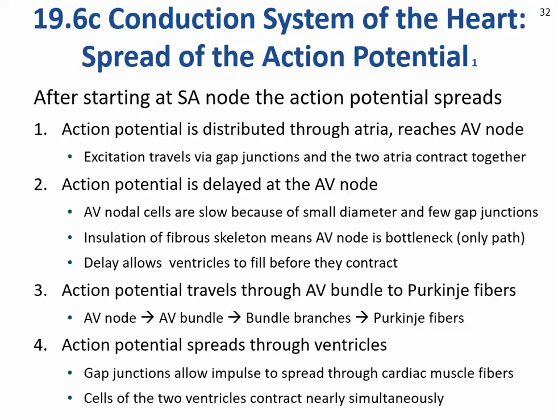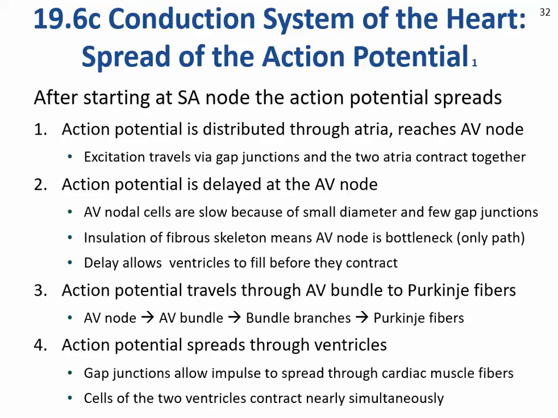So the ventricles are still in diastole when the atria go into systole. The last little bit, the last 20% of blood that's still in the atria gets pushed through the AV valves, the mitral valve and the tricuspid valve, into their respective ventricles.